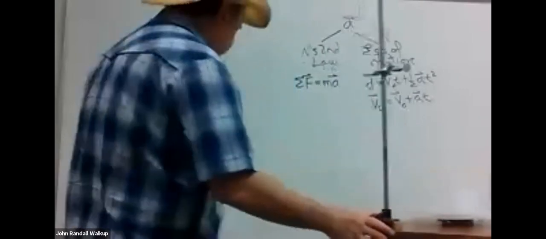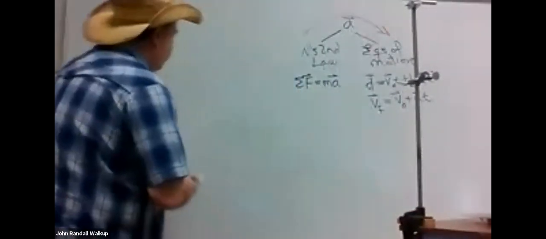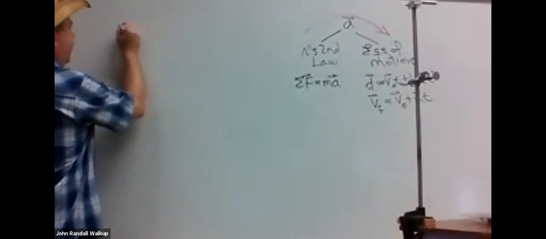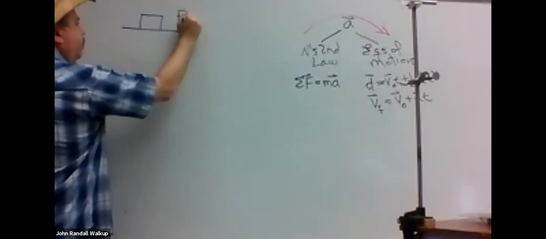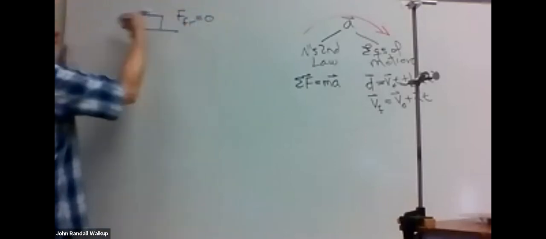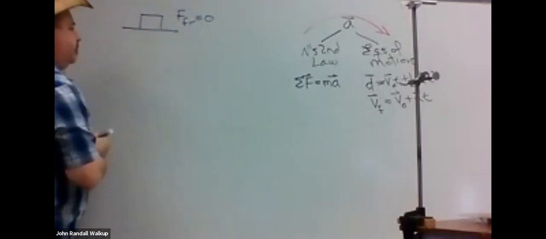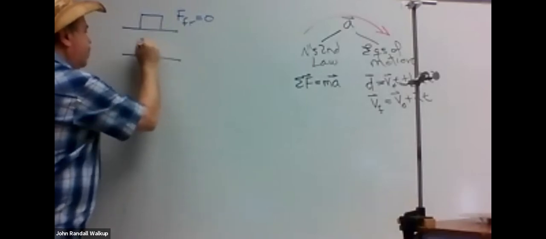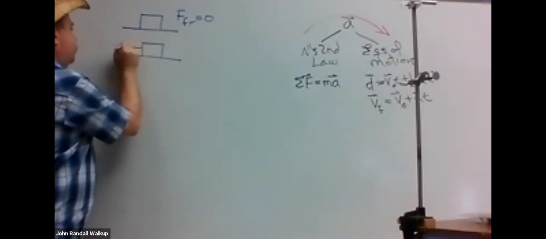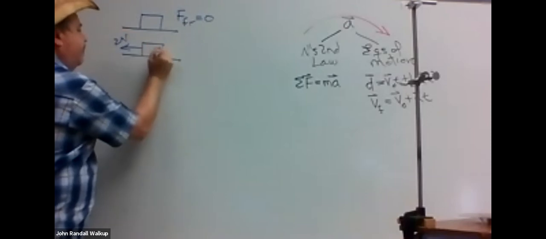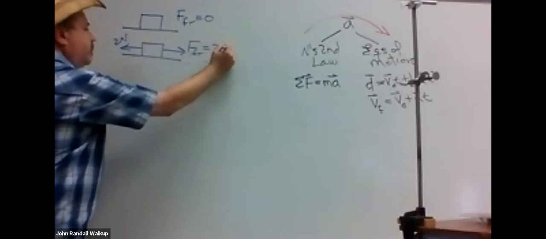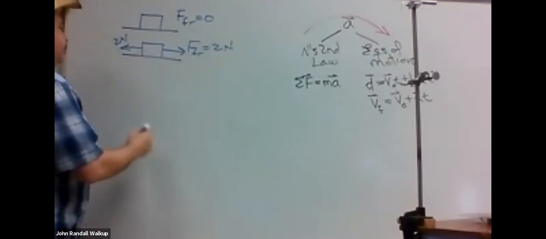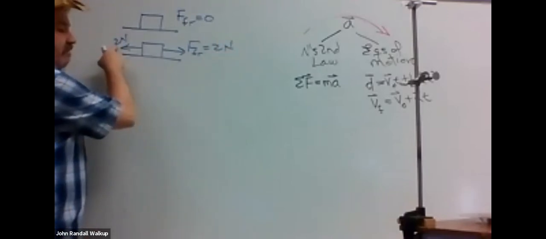So we'll do 6 here. So initially, there was no force pulling, the force of friction was 0. Then I applied 2 newtons, and the force of friction responded with 2 newtons. By the way, this is an example of an applied force.